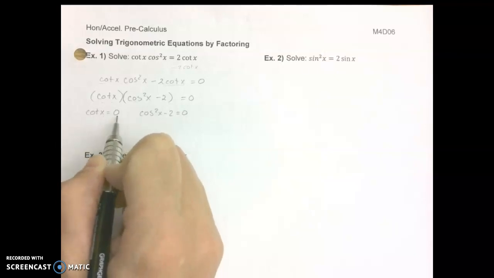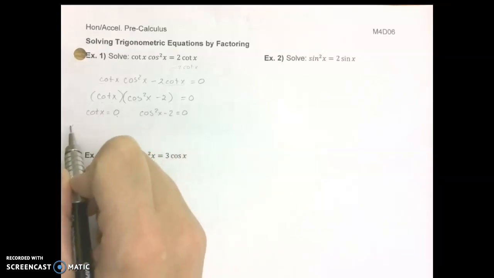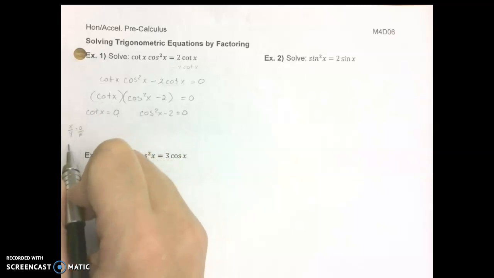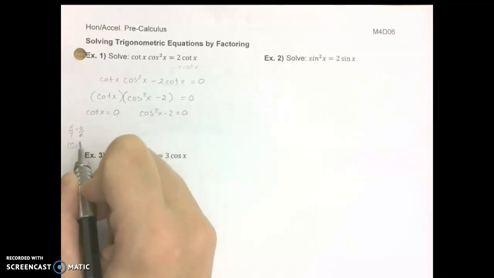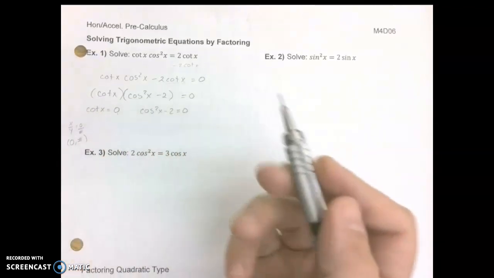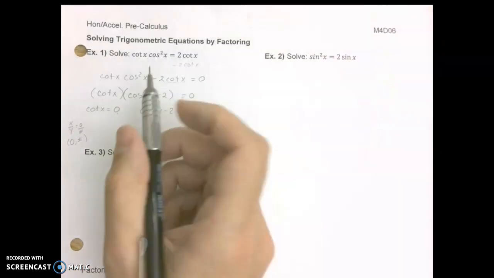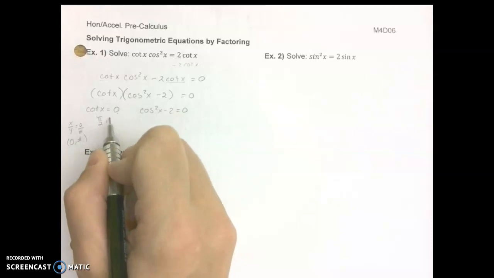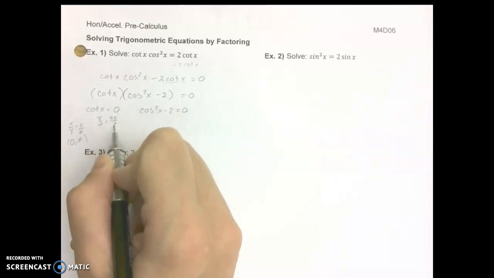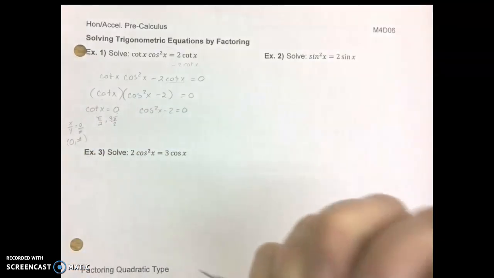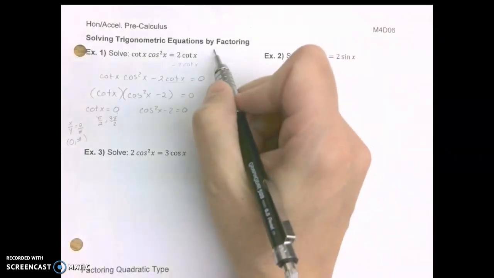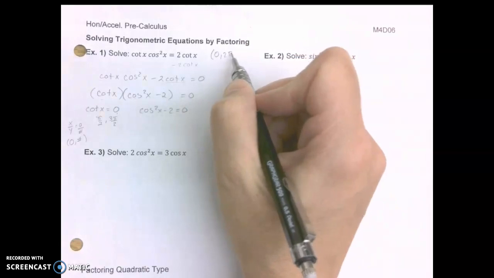Well, that's going to be when x over y is equal to 0. So I'll have 0 over some number. So that means I'll have a 0, comma, and then a number. And those two places would be at pi over 2 and 3 pi over 2, if we're just looking from 0 to 2 pi. Let's just say 0 to 2 pi here.